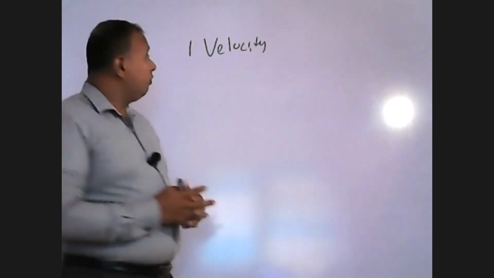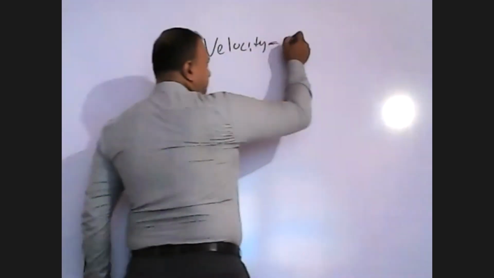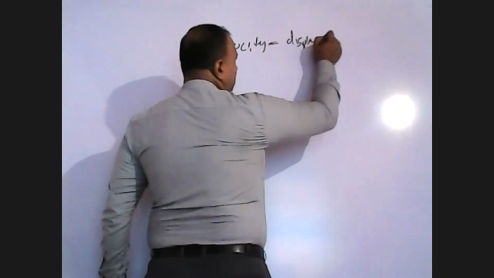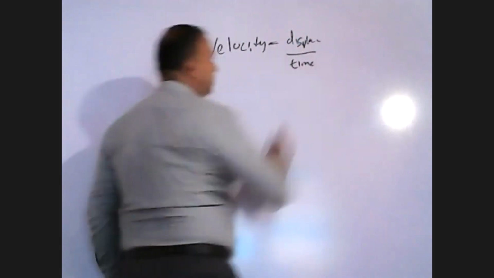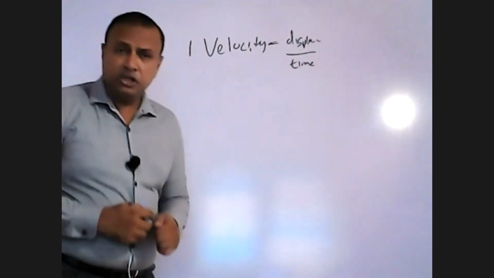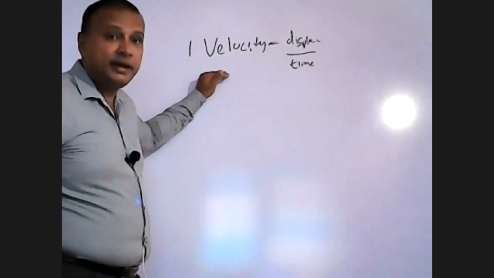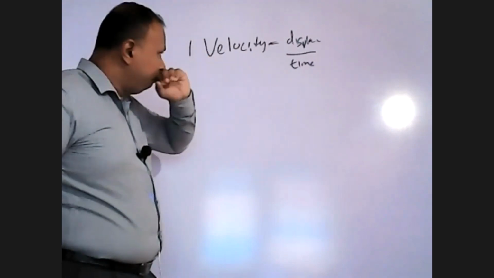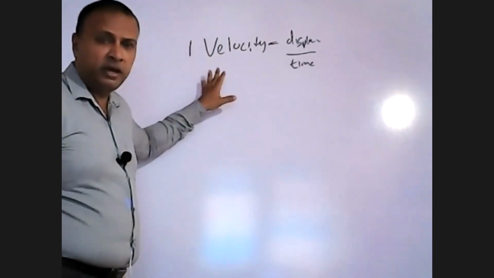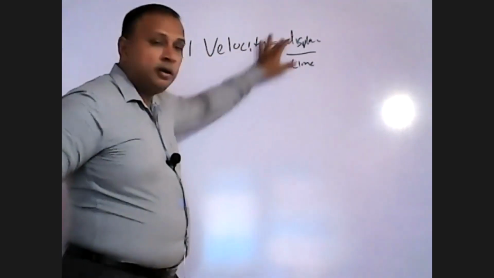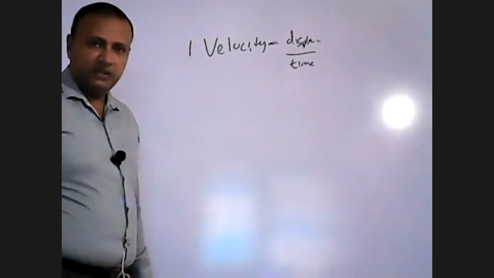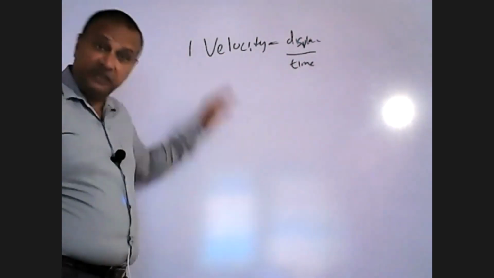You know, velocity is equal to displacement over time. So first we have to write the equation for the derived physical quantity with basic physical quantities. That is the first step.